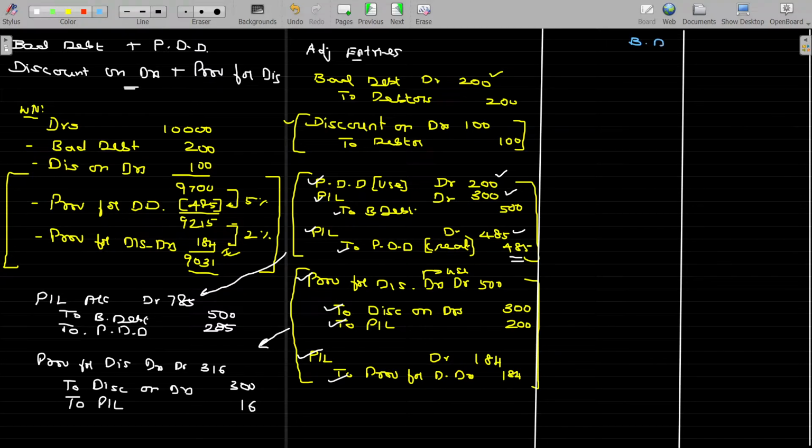Bad debt account, then provision for doubtful debts account, discount on debtors account, and provision for discount on debtors account.